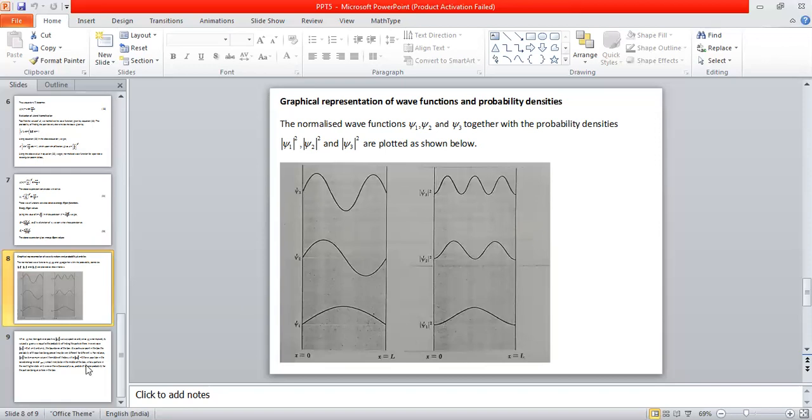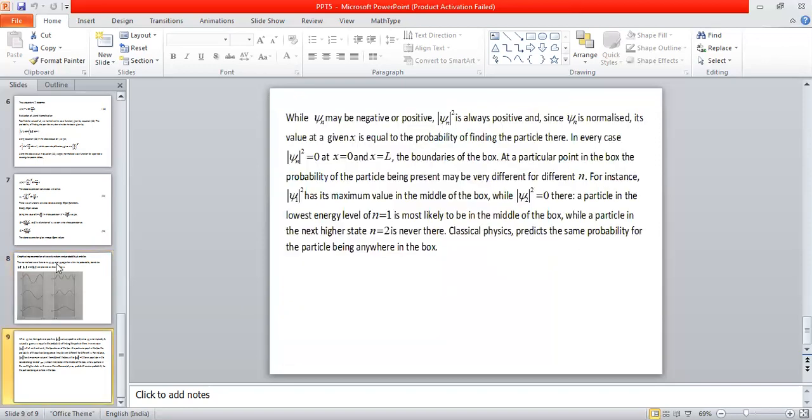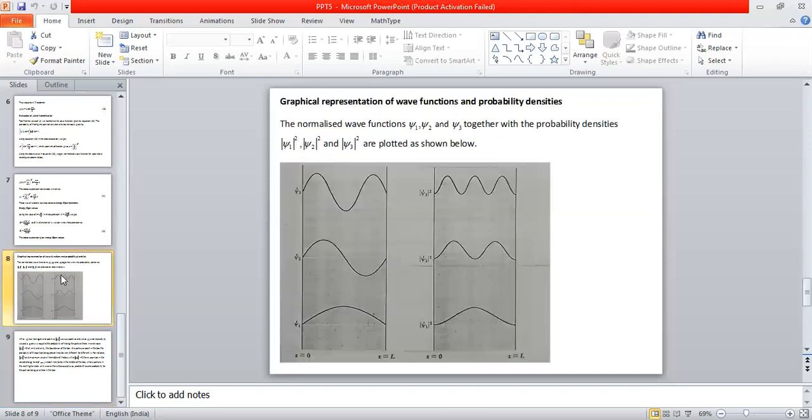The same explanation is given here. Anyhow, here I'm going to end my session. This completes our discussion on one application of the Schrodinger equation, the one-dimensional case, a particle trapped in an infinitely large rectangular potential box.